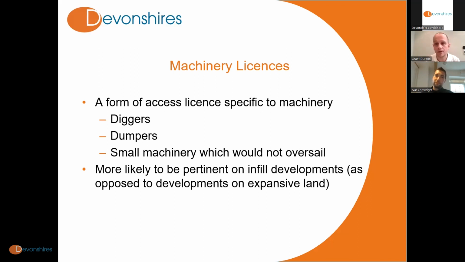So neighbours and neighbouring landowners are much more likely to be concerned about what you're doing and the impact it's going to have on their land and their use and enjoyment, especially if it's their home. Noise may be, for example, a particular issue. So we'll talk through a couple of specific considerations in that context.